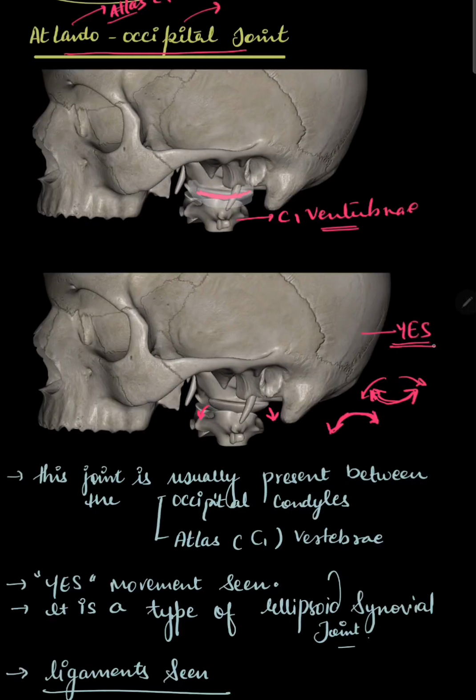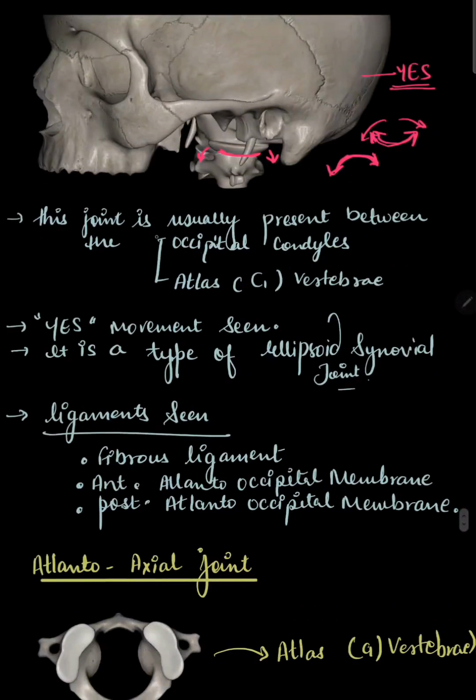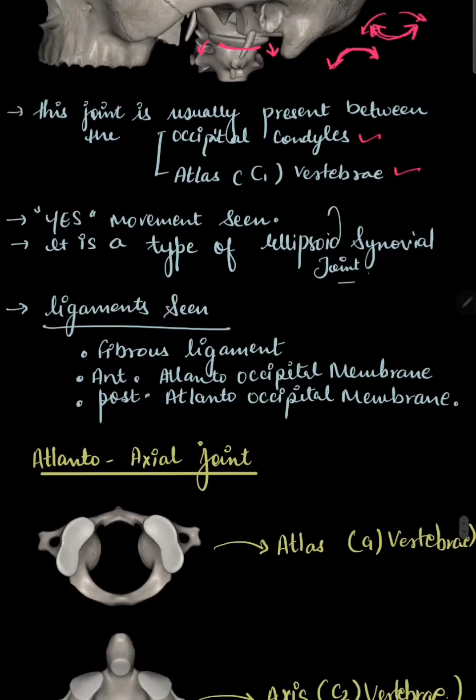Whenever you say yes, just see it in your own skull. When you say yes, your head goes up and down. That is the same movement that is happening here because of the occipital condyle going up and down on the C1 vertebra, that is your atlas. So this is a joint that is present between the occipital condyles and the atlas vertebra, the C1 vertebra. It is a yes movement type that is seen here.